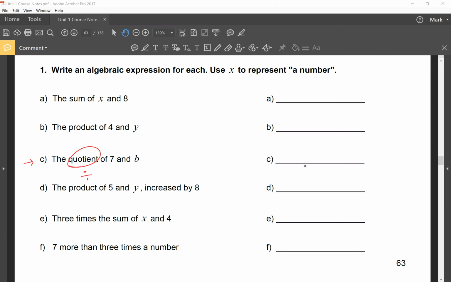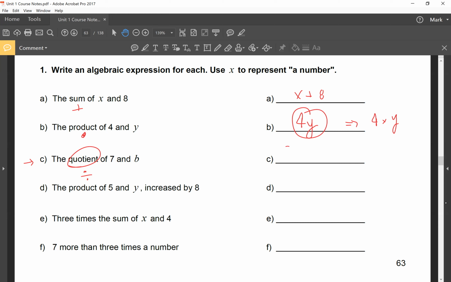So the sum of x and 8 is just x plus 8. The product, which means multiply, of 4 and y is just 4y. Some of you may have written in the chat 4 times y. That's fine, but in math, we would just say 4y.